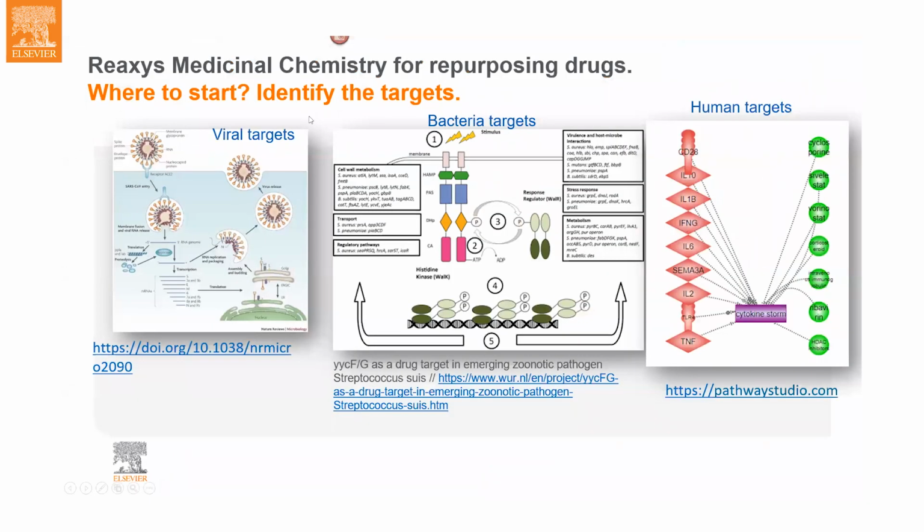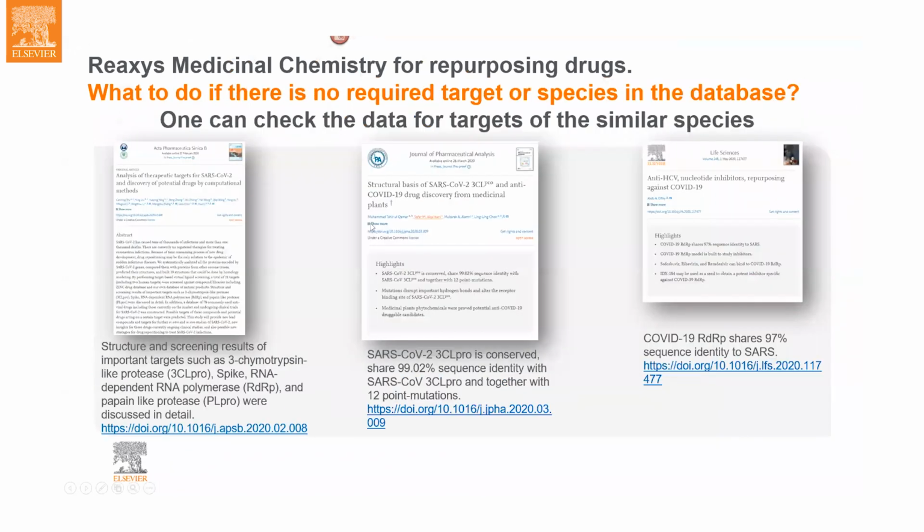Once we know the target, and we already discussed that it could be a viral target, or even, if you're fighting some particular disease, it could be a human target which is involved in the disease, with Reaxys medicinal chemistry, we can find information and find substances which interact exactly with this target.